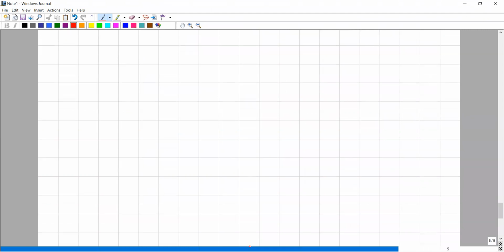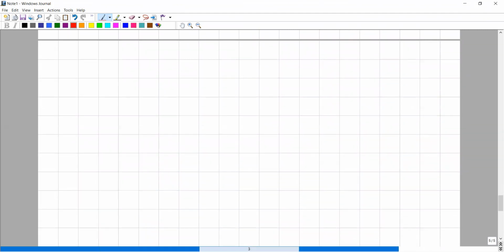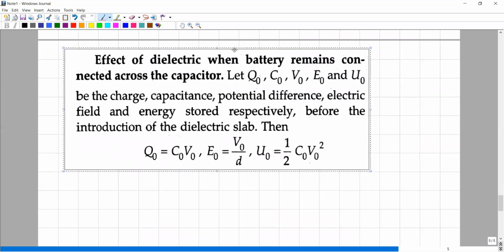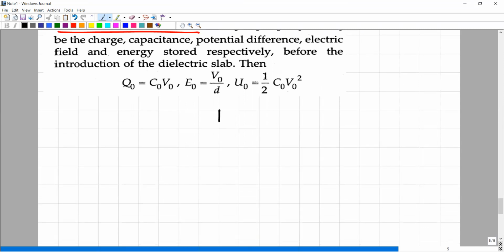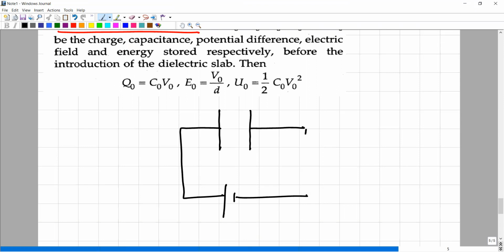So the next topic is what will be the effect of these parameters when they are connected to the cell. When the battery remains connected across the capacitor, if the capacitor's plates are connected to the battery or the cell, then the potential difference across the capacitor will always be the same as that of the cell.